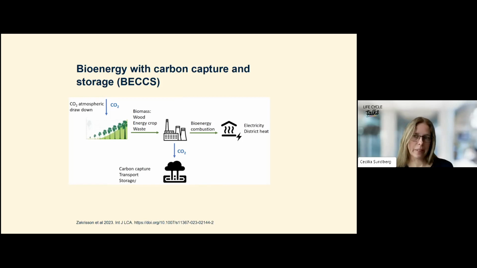And to know whether this is worthwhile, we need, of course, to investigate this carbon capture technology, how much energy is used there and other emissions, the transport, and the actual storage, to make sure that this is efficient enough, this production system producing carbon dioxide removal as a service.